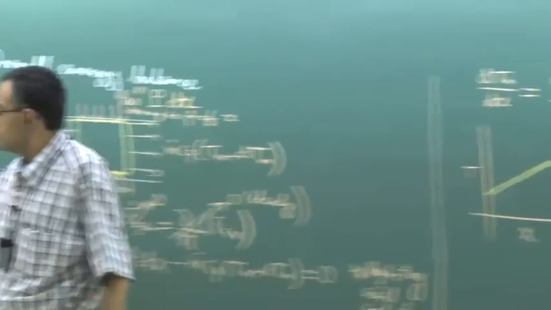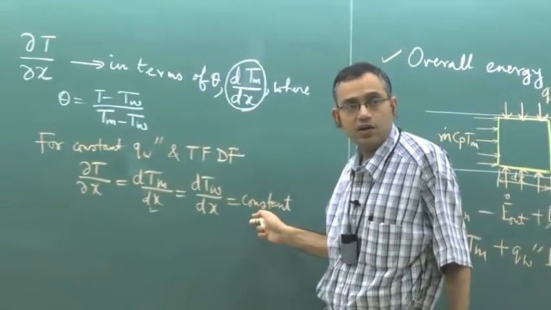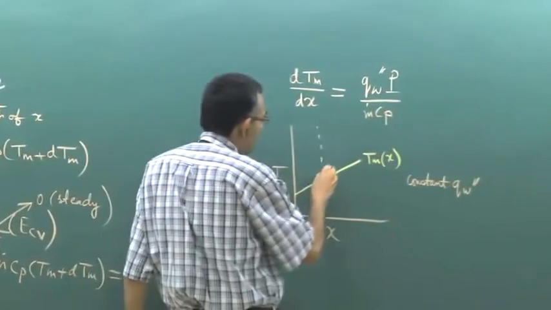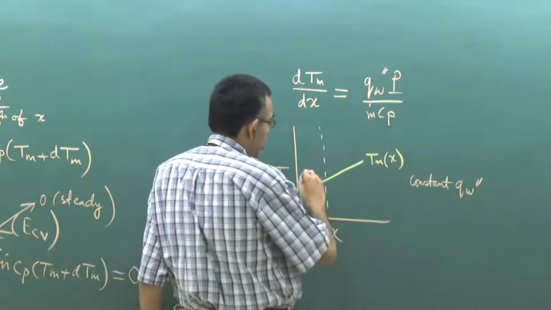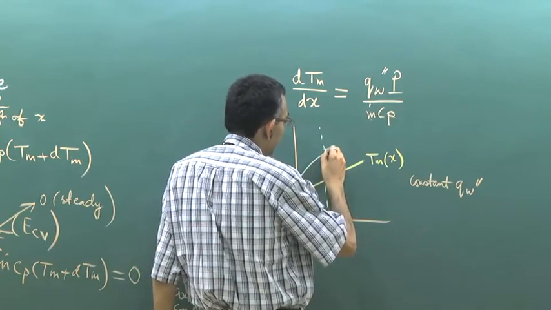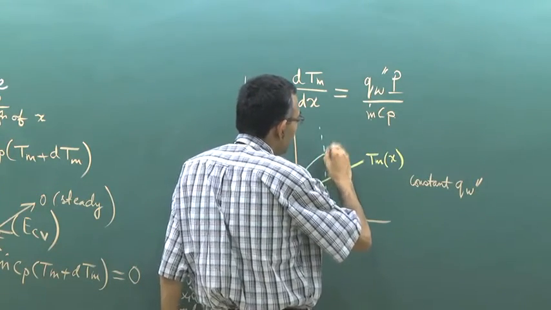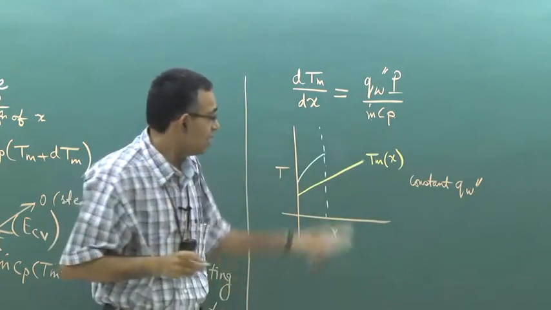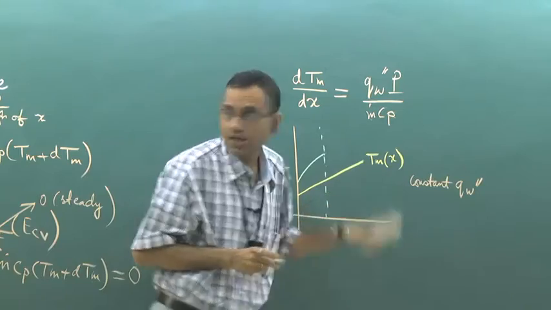See, dT wall/dx is a constant only if it is a thermally fully developed flow. So let us say that the flow becomes thermally fully developed from here. So up to this it will be a curve, beyond this it will be a straight line. What straight line? Straight line parallel to this, because dTm/dx equal to dT wall/dx.